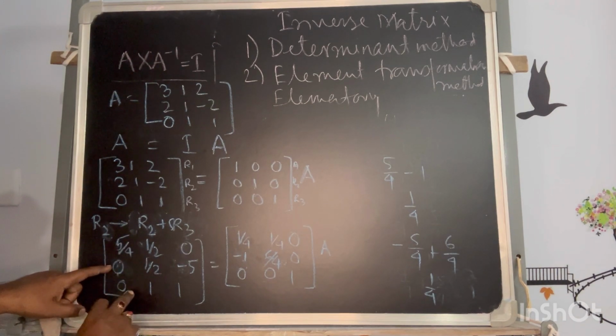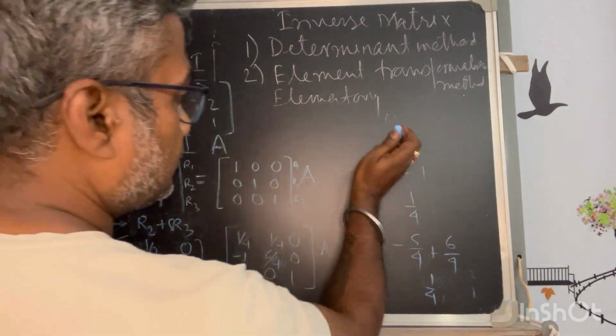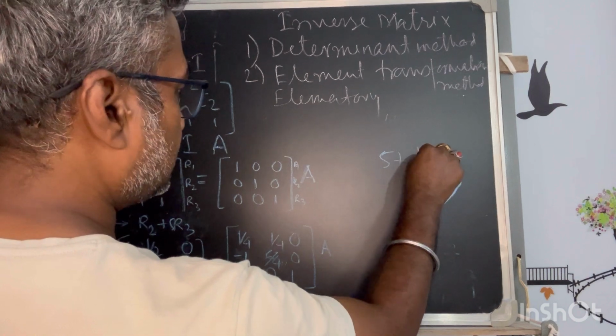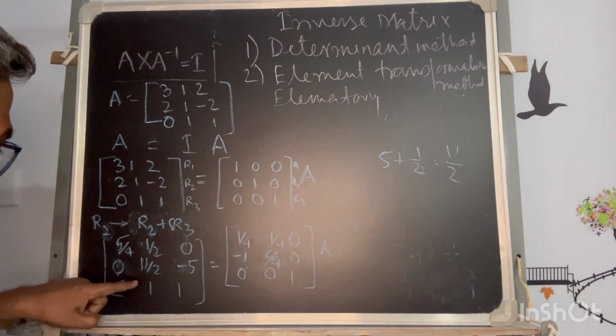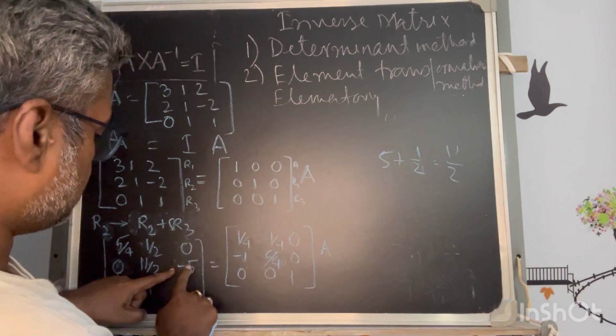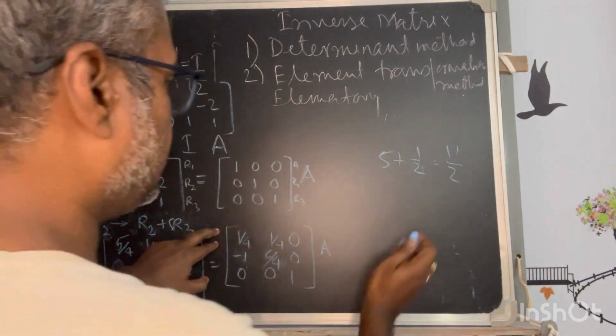So R2 along with that 5R1 I multiply, so 0 will not change. This is R2 plus 5R1, that means the change is 5 plus R2, so that is equal to 11 by 2. So this will change into 11 by 2. This 5 I am multiplying here, I am adding to this, so this will become 0. Okay, so the same thing I will do here.